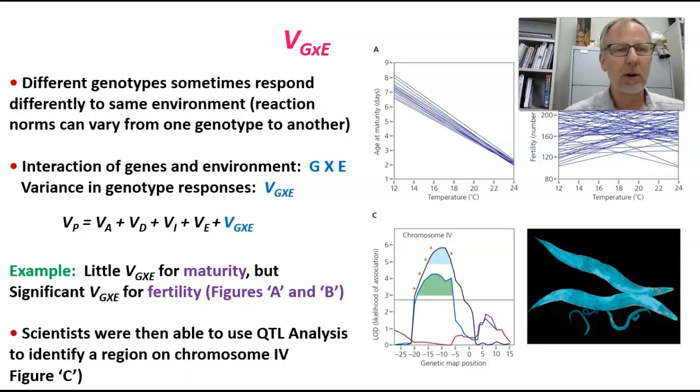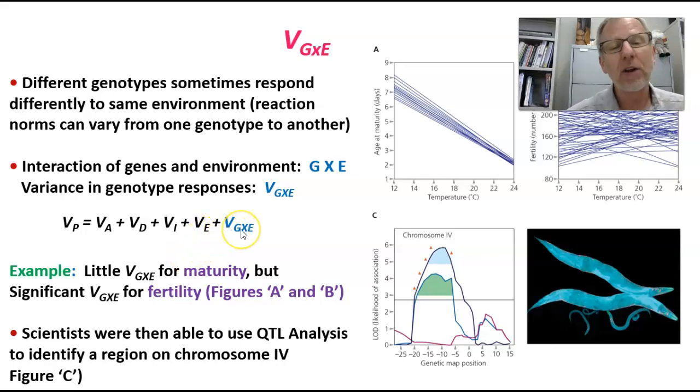So far in this chapter, we've dissected phenotypic variance as including those components that are genetically additive, those components that are due to dominant recessive interactions, those components due to epistasis, and on the last slide, we introduced how we can determine the component of the variance that's due to the environment.